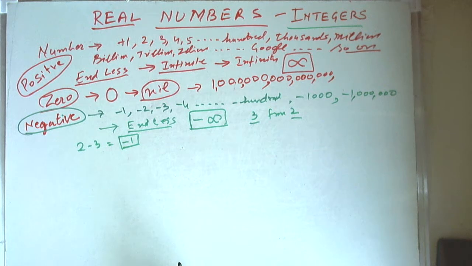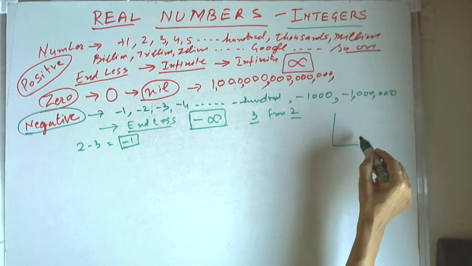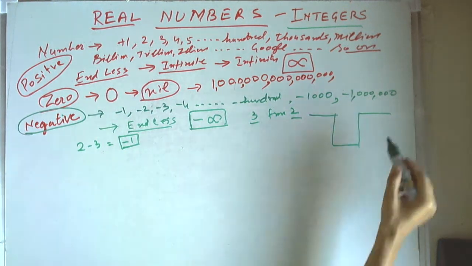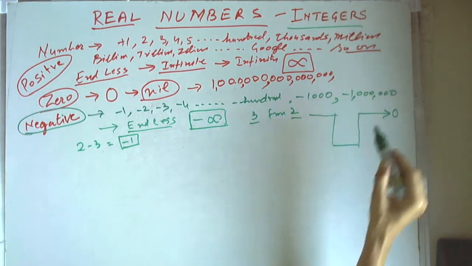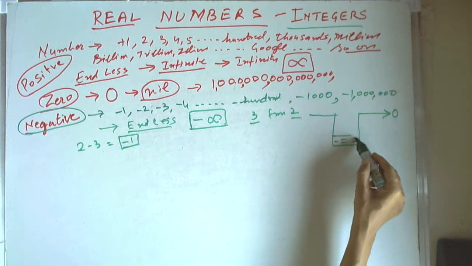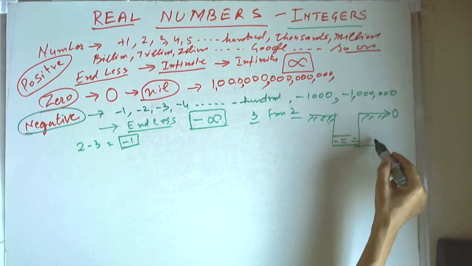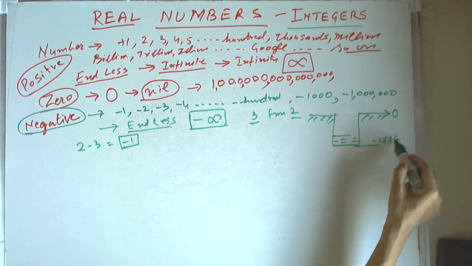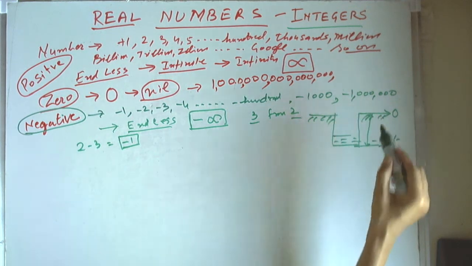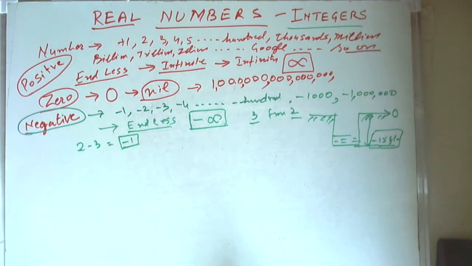In real life, for example, say we are digging a well. This is the ground, and if we say that this is 0, and suppose this is the water in the well, and this is all ground, and this is say minus 15 feet. So this is the depth, and we say the depth is in minus because it is below 0.